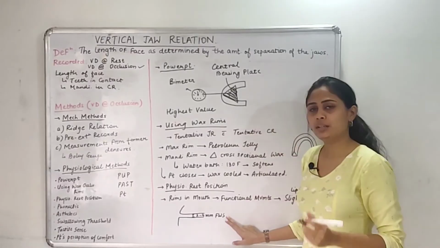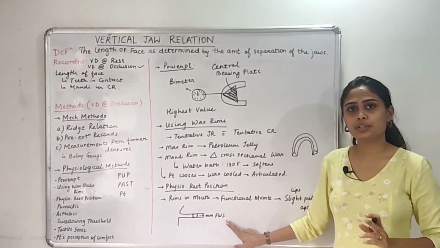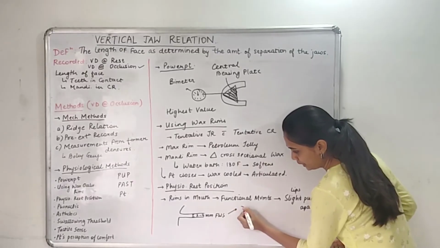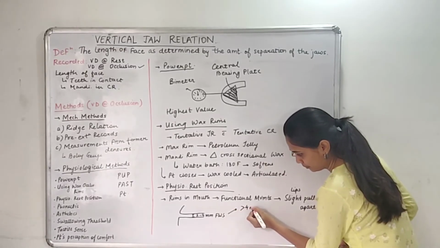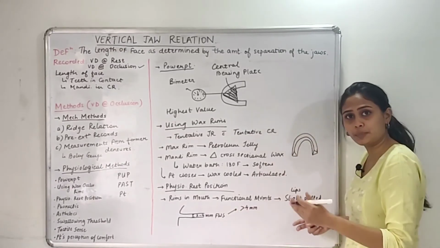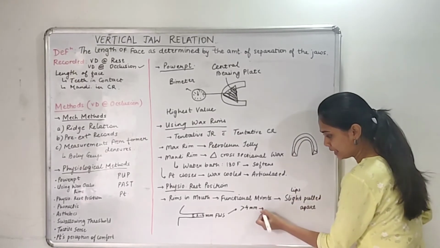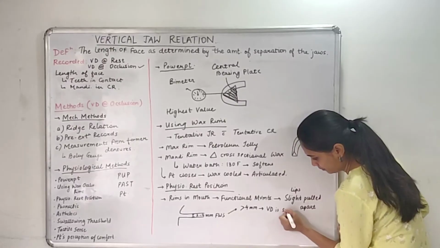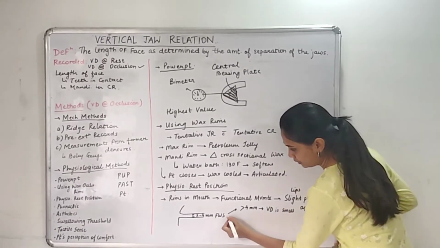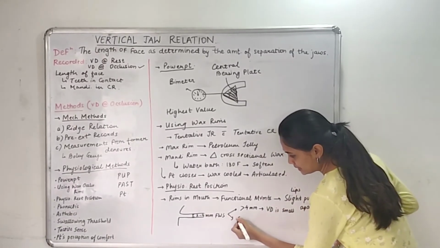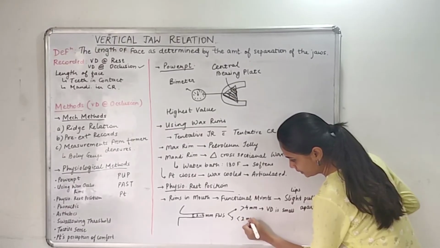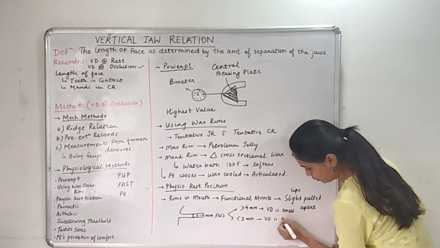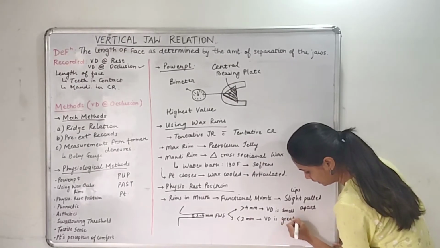So why do we talk about this? If the freeway space is greater than 4 mm, we can say that VD is very small. And if the freeway space is less than 2 mm, we say that VD is very great. What do these two statements mean?